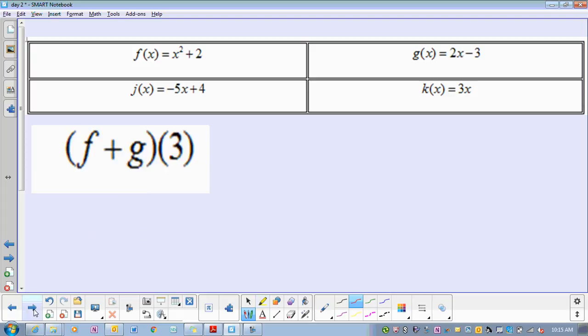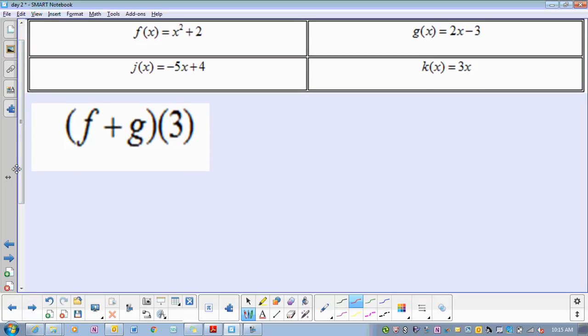Whoa. This one, I mean, it looks like what we just did, but f plus g, they combined it there, right? Well, whenever that gets combined like that, I like to break it apart. I think it's a lot easier to see. So we can break this one apart by saying f of 3 plus g of 3. It's the same thing, okay?